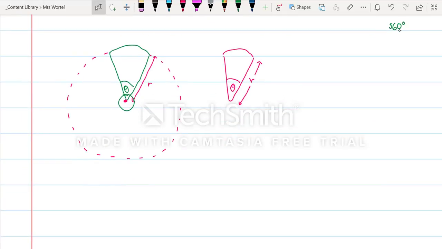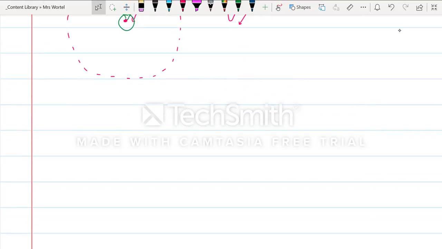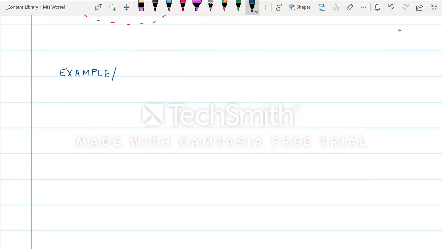The best way to do this one is going to be with an example. So we're going to jump straight in with an example, and then we'll go and fill out our rule. So let's just say I have this sector here. We've got 40 degrees, or let's say 60 degrees.